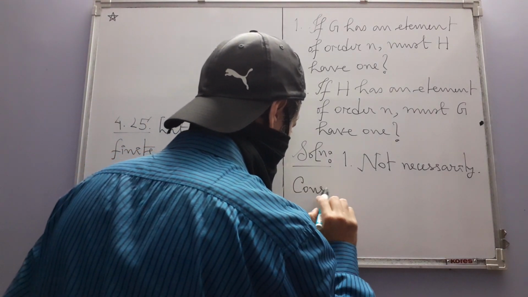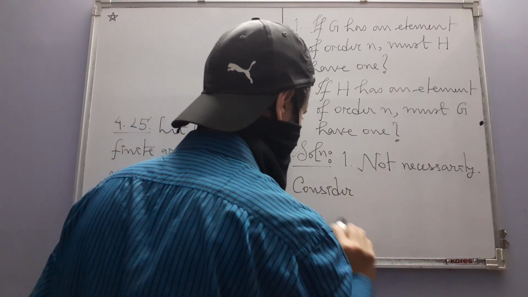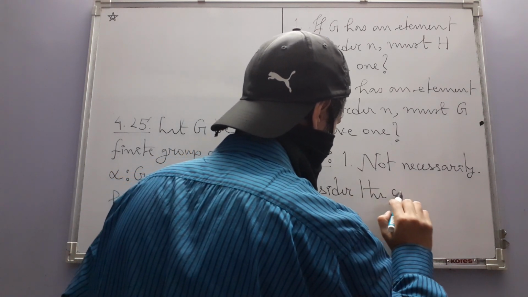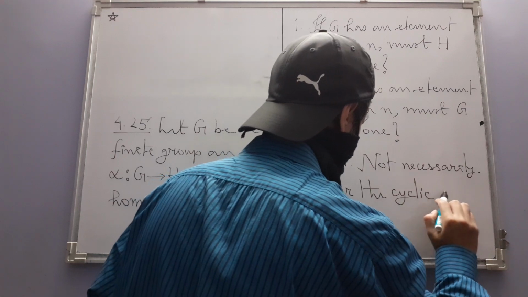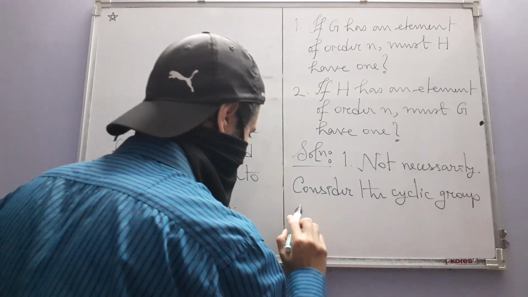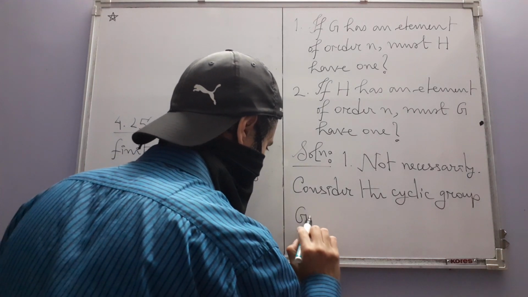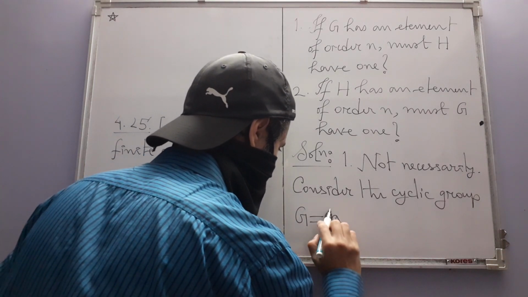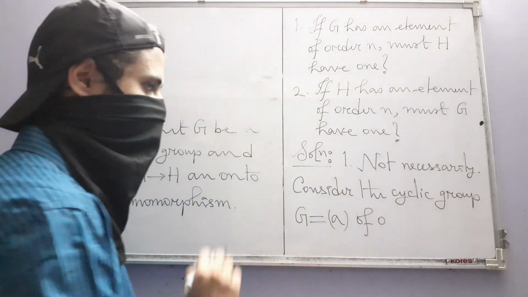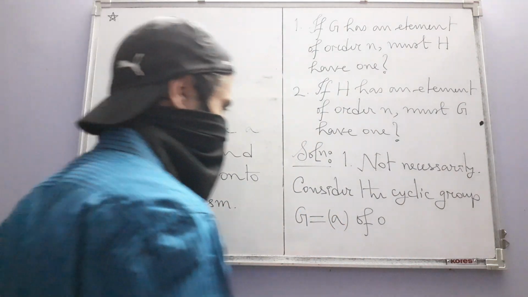Consider the cyclic group G equal to this, of order n, that means its generator is A. A is one of its generators.